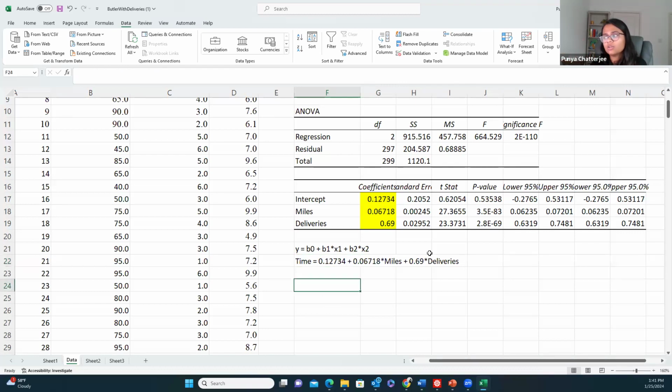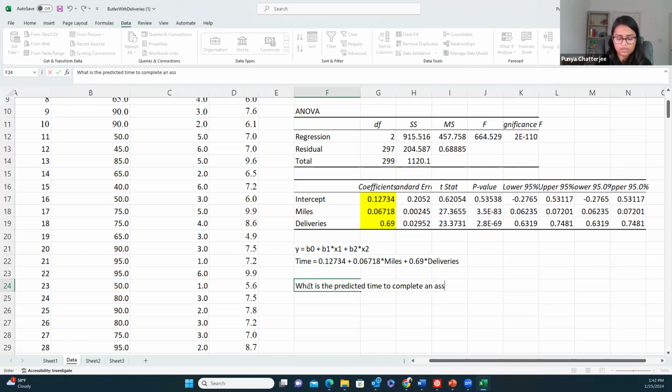Because now if we have an unknown miles and deliveries, we can predict the time to complete that assignment. Right? So for example, let's do a prediction. I can ask what is the predicted time to complete an assignment that covers 100 miles and 6 deliveries.